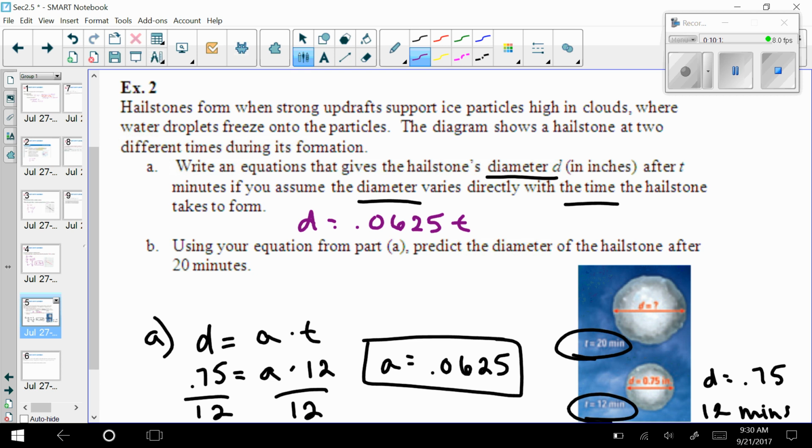Now it says use your equation to predict the diameter of a hailstone after 20 minutes. So we don't know the diameter, but we know the constant of variation, and we know the time. So if we multiply a constant of variation by 20 minutes, we get a diameter of 1.25 inches.